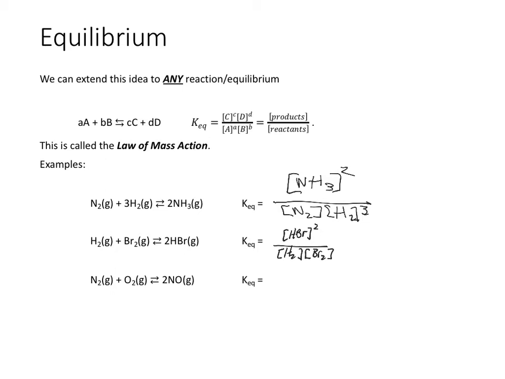Once again, let's note that is products over reactants. And our third time here, we've got N2 plus O2 making 2NO. So my product is NO raised to the second power divided by the concentration of N2 times the concentration of O2. So every time, products over reactants.